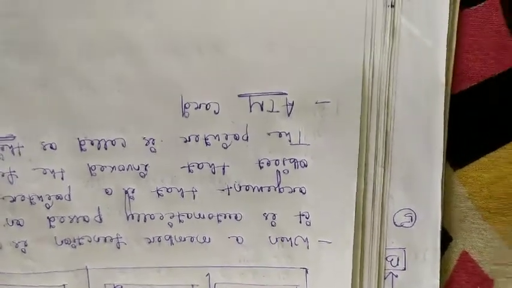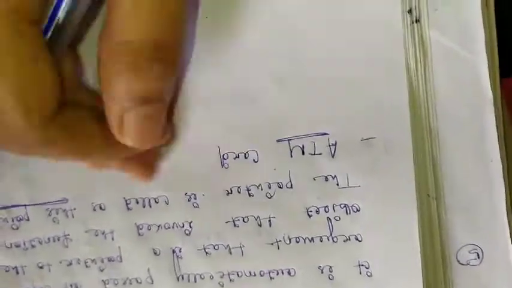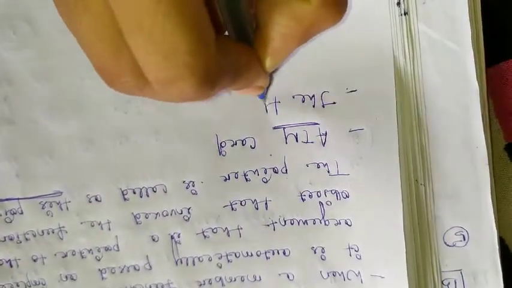So what will this pointer store? The this pointer will be declared once.